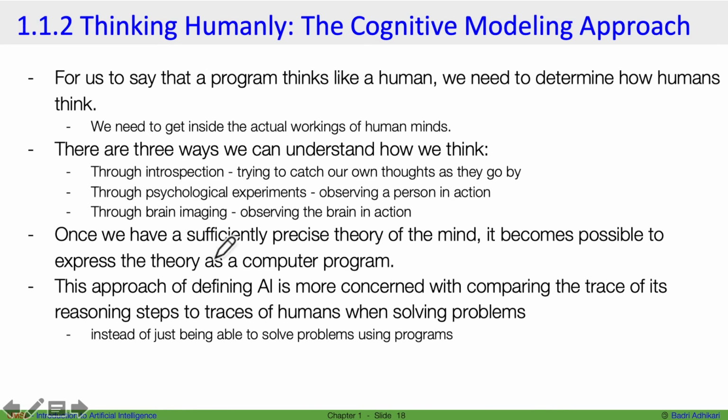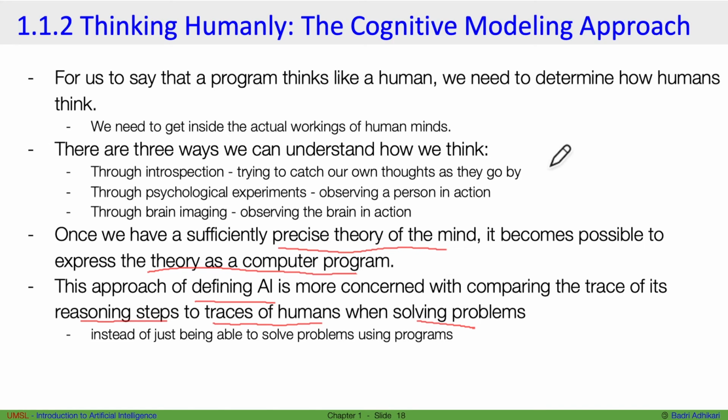So once we have a sufficiently precise theory of the mind, then it becomes possible to express the theory as a computer program. Now, this approach of defining AI is more concerned with comparing the trace of its reasoning steps to the traces of humans when solving problems.